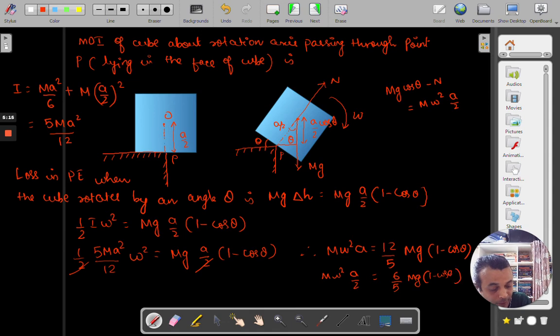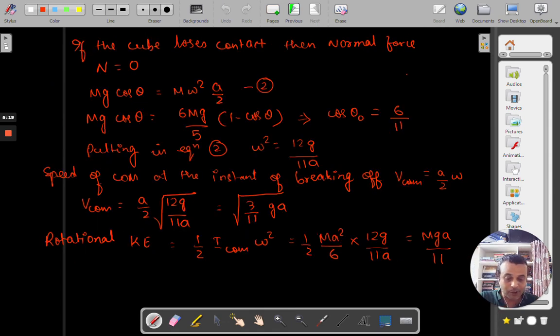So mg cos theta is equal to 6 mg by 5 into 1 minus cos theta. By solving this equation, I get cos theta naught, where theta naught is the angle through which the cube rotates before leaving the table, is nothing but 6 by 11.